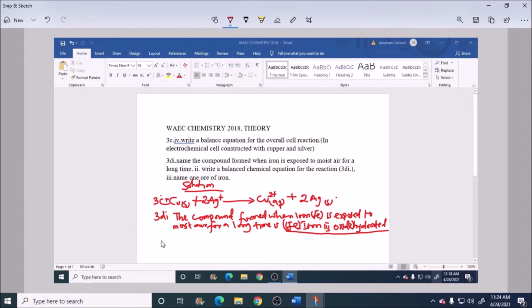Then 3D Roman figure 2, we have to write the balanced chemical equation for the reaction in 3D Roman figure 1, that is when iron is exposed to moist air for a very long period of time.